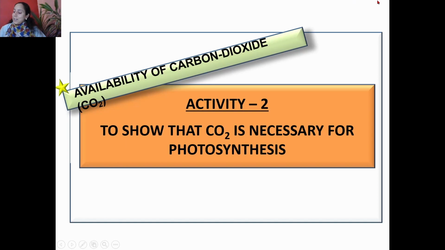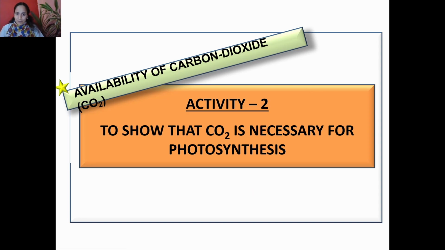The next activity is also an equally interesting activity, and you will enjoy it. You will feel, oh wow, we know that the availability of carbon dioxide is a must, and we can verify it with the help of some simple experimental setups. Here, viewers, we are going to demonstrate it with the help of one activity.